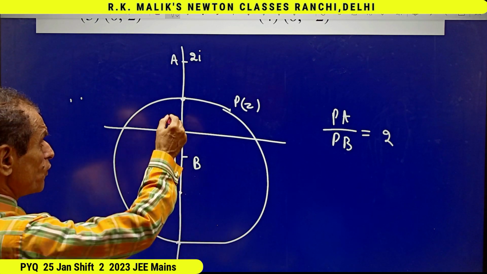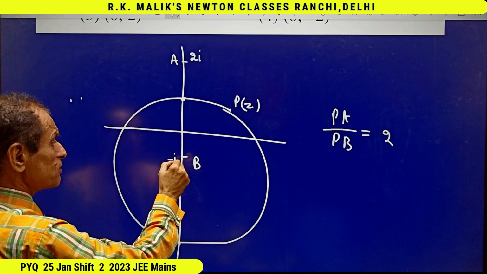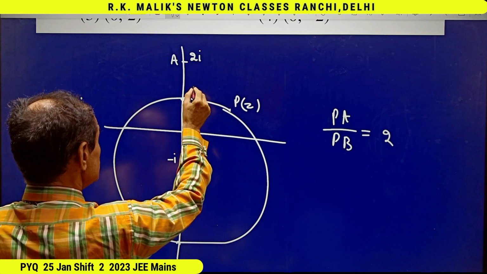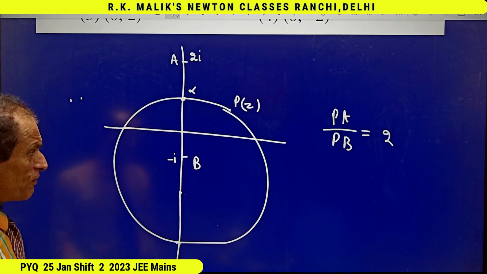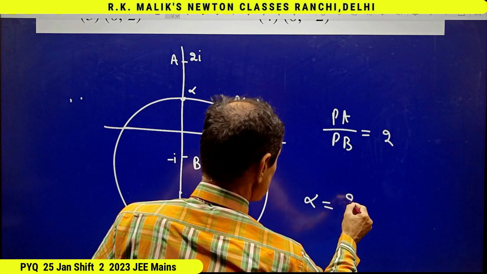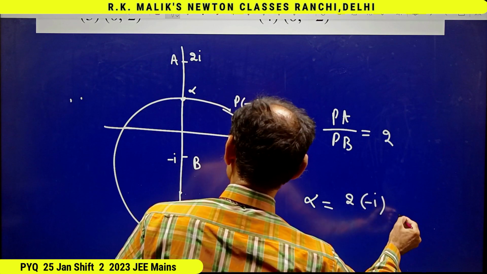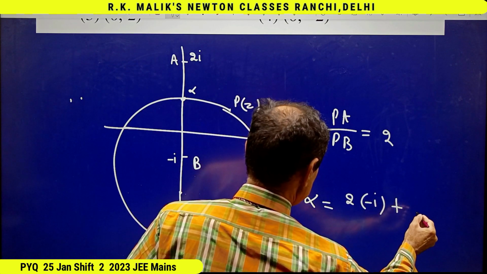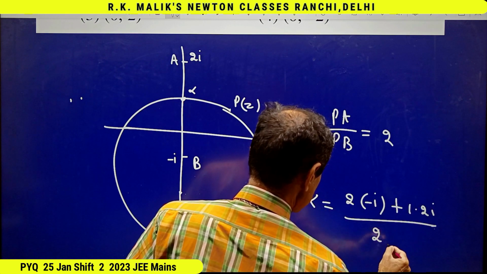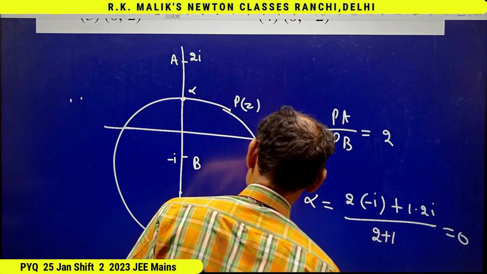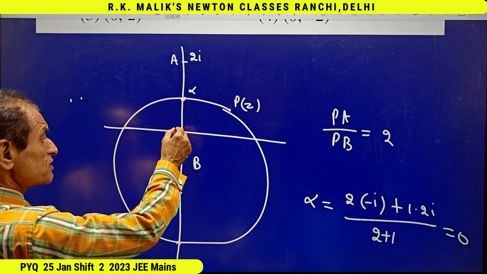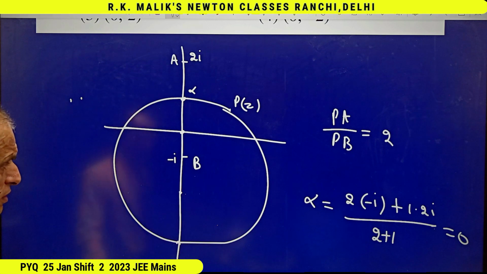That is, for this point, this length upon this length should be 2, and say this point has complex number alpha, then alpha will be equal to (2 into minus i plus 1 into 2i) upon (2 plus 1), that is 0. Means this point is actually here.